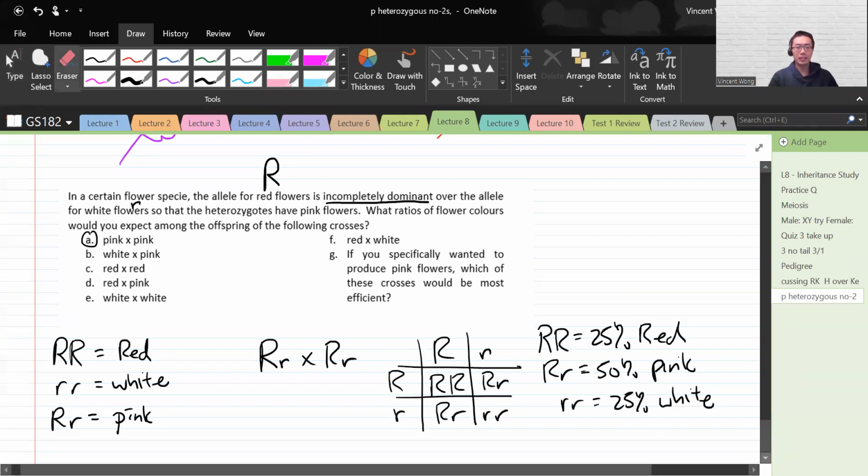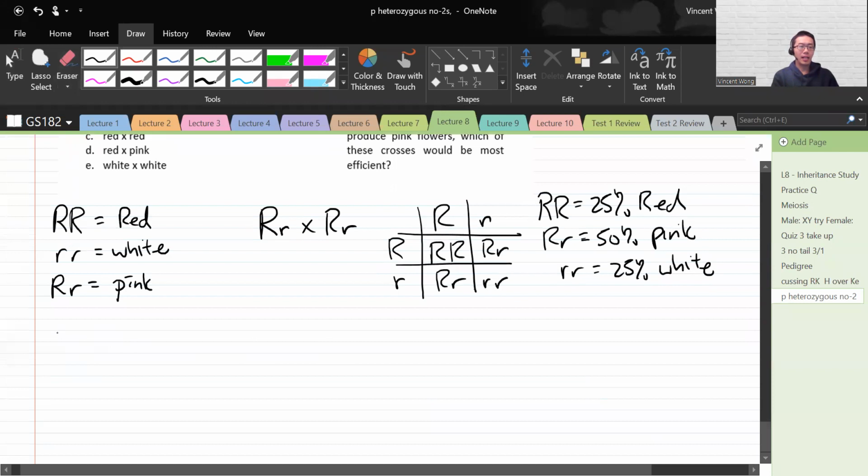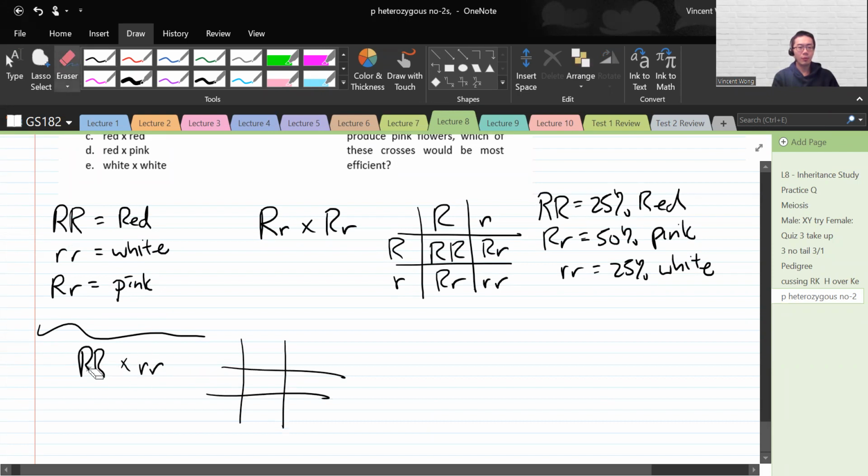Really? No one? That's okay. If you want to have all pink flowers, you start with red and white. If you start with a red flower, then you're going to have big R on one side, and then a white flower like that. And if you combine all of it, they will all be pink. 100% pink. That's it.